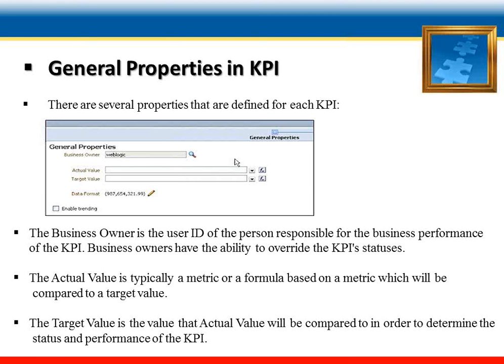So this is about uses of KPI in OBIEE 11G. Now I am going to discuss the general properties in KPI. There are several properties that are defined for each KPI, like the business owner, the actual value, the target value, and the data format mentioned here. The business owner is the owner ID or user ID of the person responsible for the business performance of the KPI.